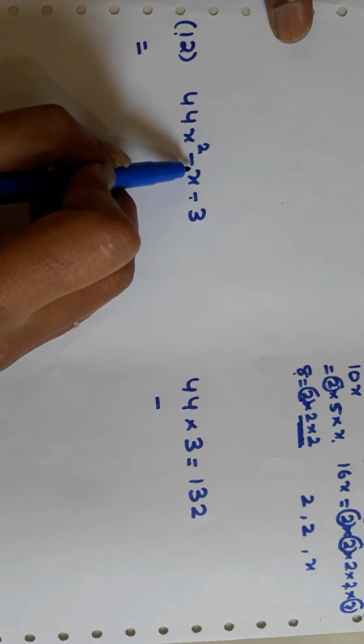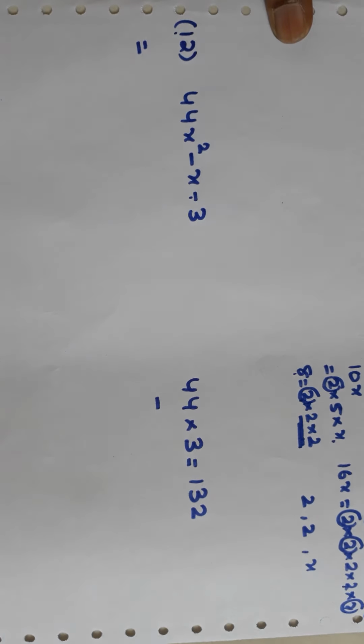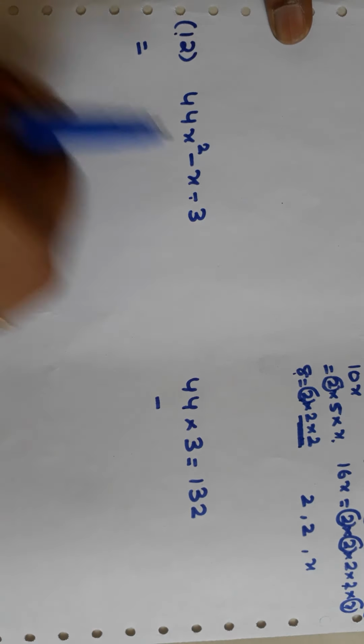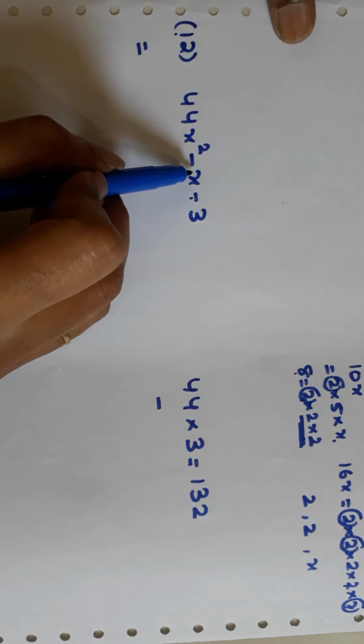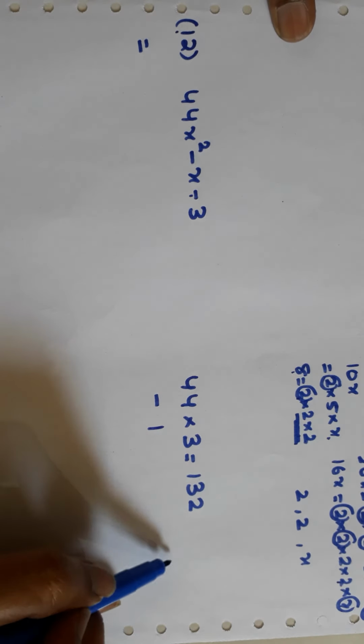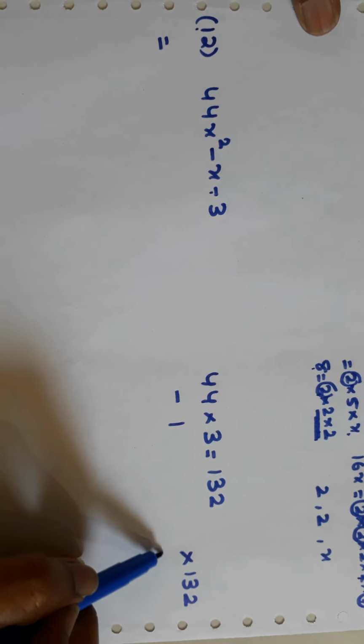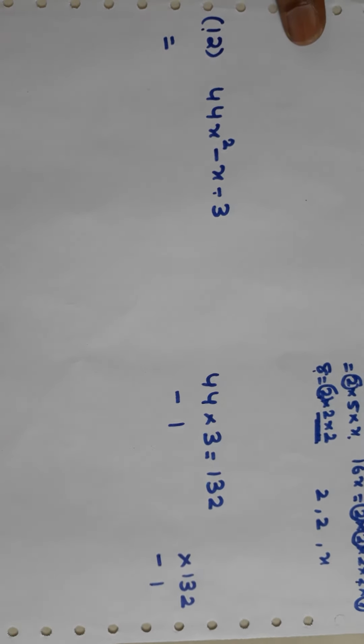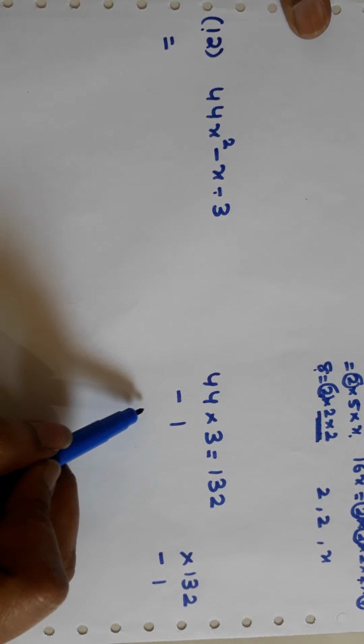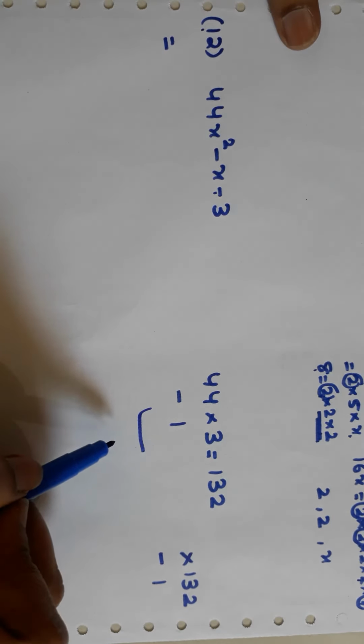There is no number, but whenever there is no number, we take 1 as the coefficient. So here the coefficient is minus 1, but I am taking only 1. So find two factors which on multiplication give 132 and which on subtraction give 1 as an answer. This is also a bit difficult to assume the factors.